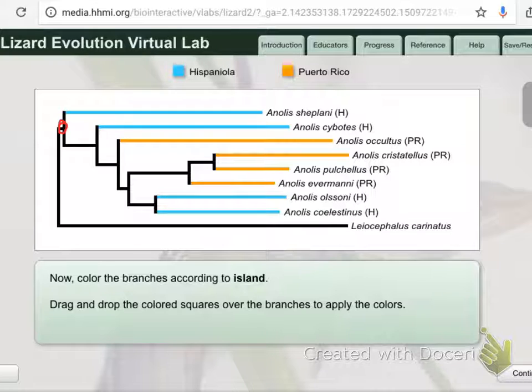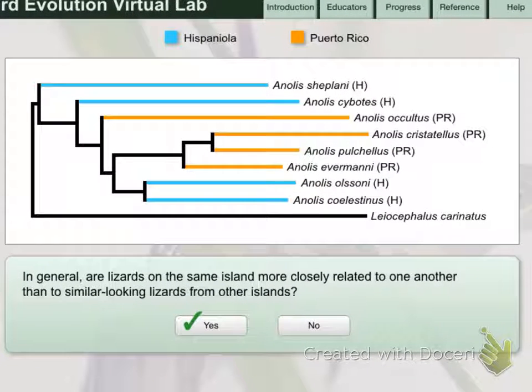In this case, this species splits, but those are all successor species that live on the same island. So we have multiple species evolving on each island.